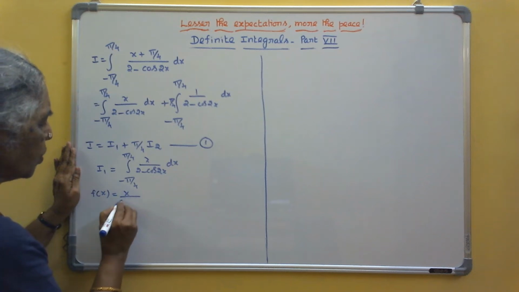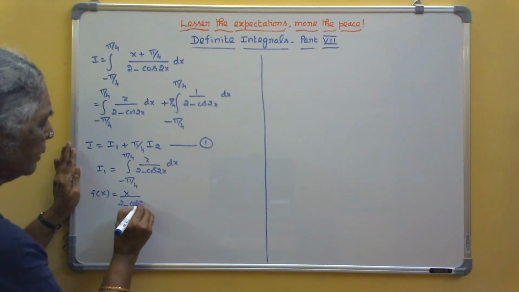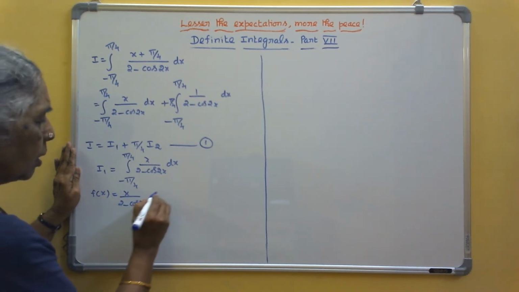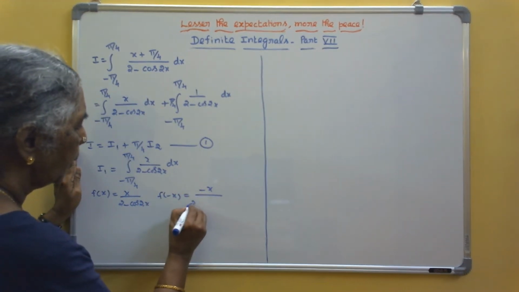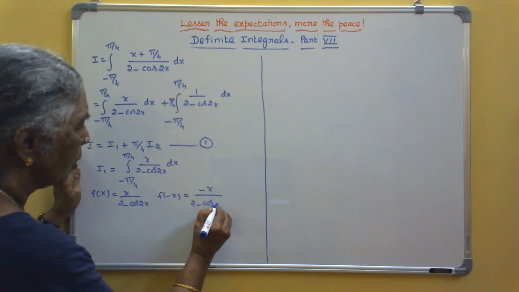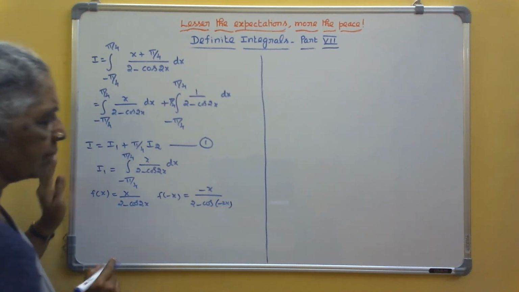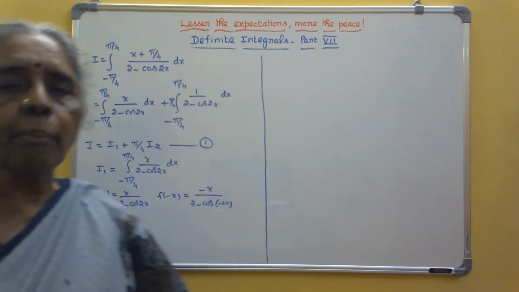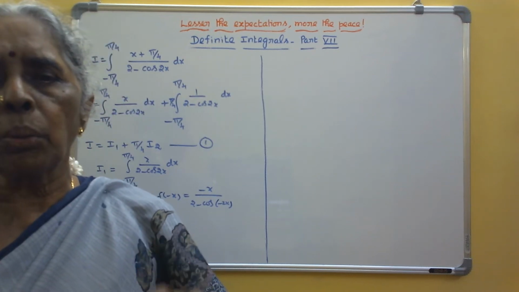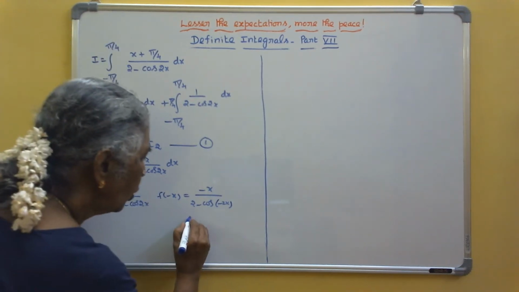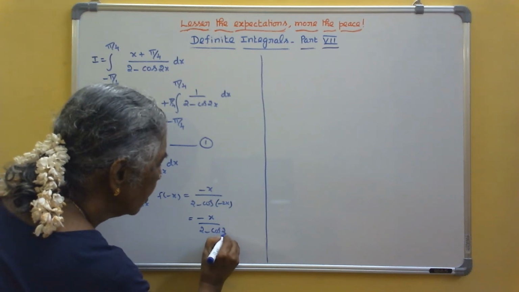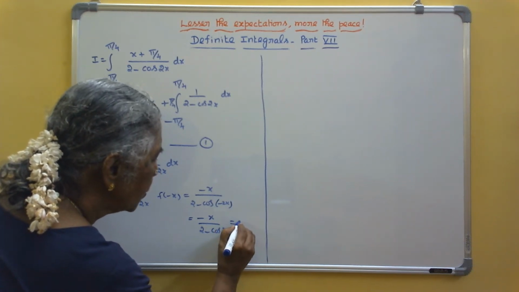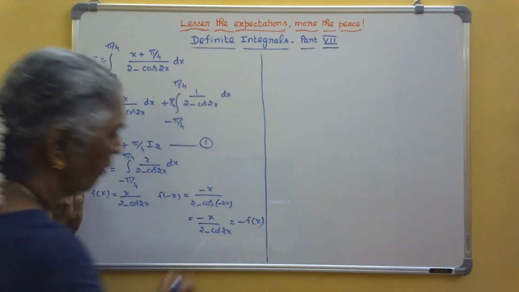That is x by 2 minus cos 2x. F of minus x will be minus x by 2 minus cos minus 2x. You know cos of minus theta, that will be equal to cos theta. So you will be getting minus x by 2 minus cos 2x, which is equal to minus of f of x.